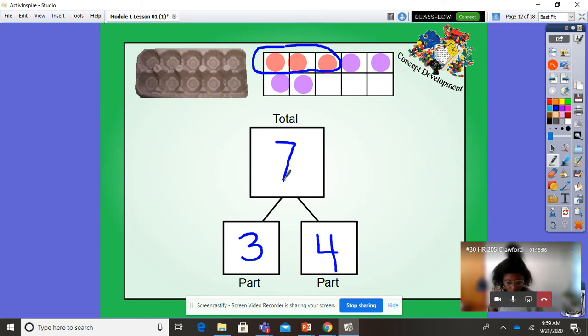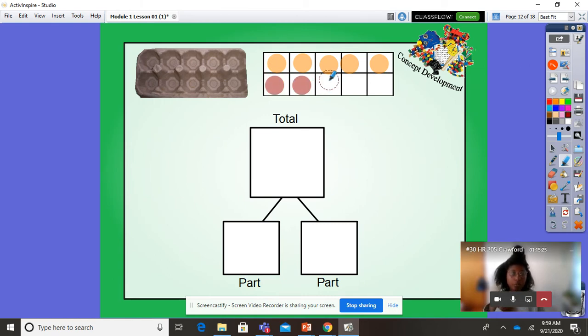Okay? Let me try another one. Let's say my one part is 5. And then my other part is going to be 3. So my part is 5.